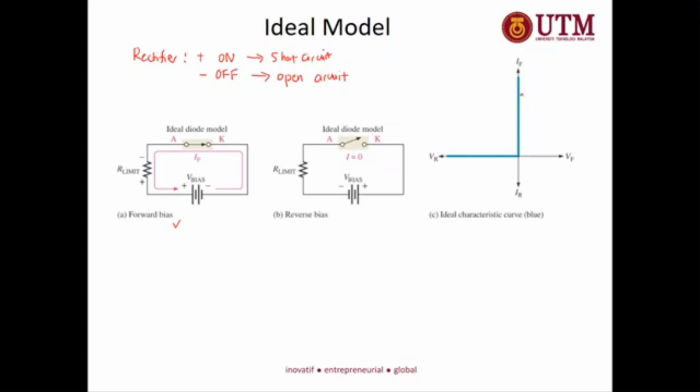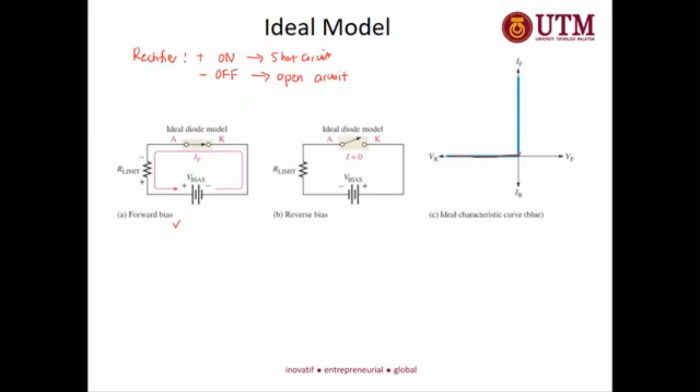So how will the current voltage characteristic look? Okay, so we know that if the voltage is negative, the current is 0 because of the open circuit. When the voltage is positive, at the moment the voltage becomes positive, it is a short circuit. In the short circuit, in the ideal case, the connection doesn't have any resistance.